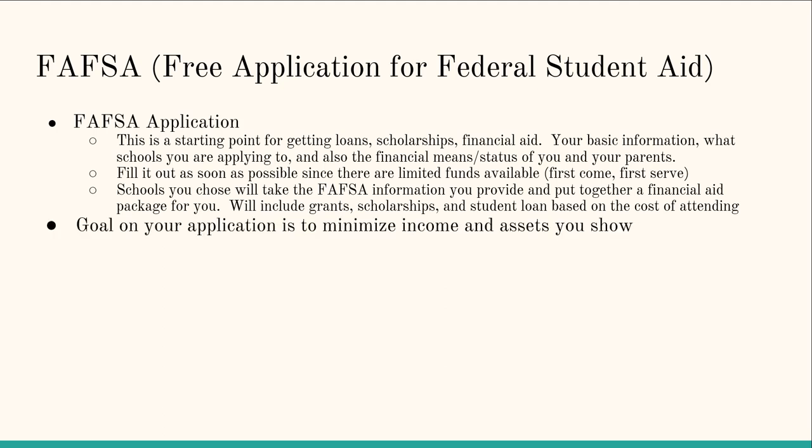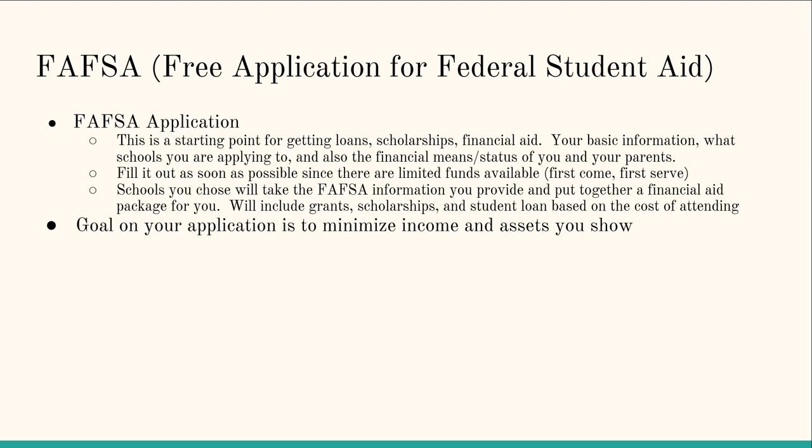Okay, so just a few tips on how to fill out the application. The goal on the application is to minimize your income and assets that you're going to show, and of course within the bounds of the rules.